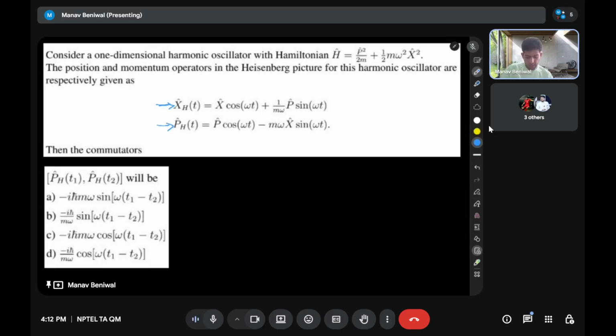We are asked what will be the value of the momentum commutator at two different times, t1 and t2. We are given the momentum operator at some time t, so now we have to find it at t1 and t2, and then find its commutator.